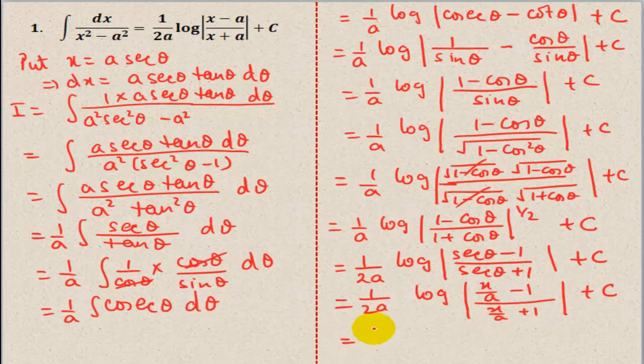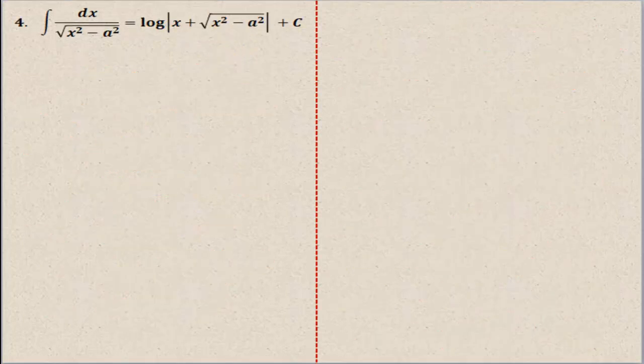Now take LCM here in the numerator as well as in the denominator, and see finally the integral reduces to 1 over 2a log. This becomes x minus a over, the denominator becomes x plus a. So 1 over twice of a log modulus of x minus a over x plus a as the required right hand side you can see.